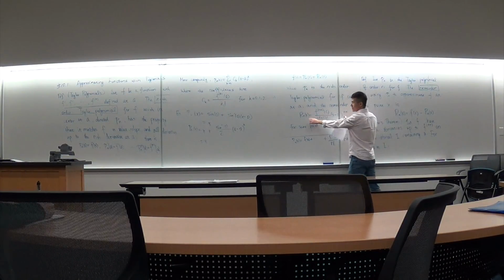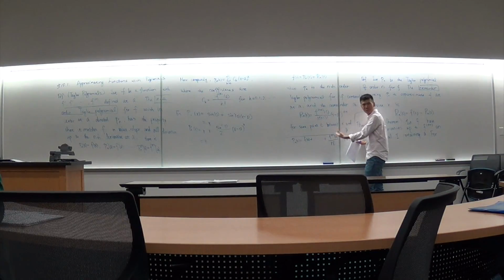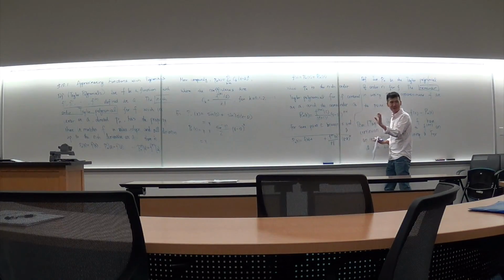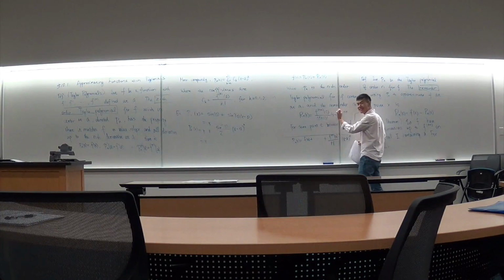Now let's look at the remainder. It seems like the remainder is simply the next term of this Taylor polynomial, the last term of the n plus 1 order Taylor polynomial. It's very close. The only difference is that in a Taylor polynomial, the derivatives are evaluated at the center a, but this c is not a.